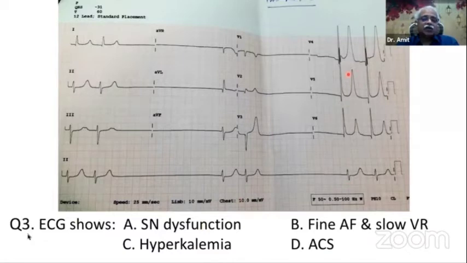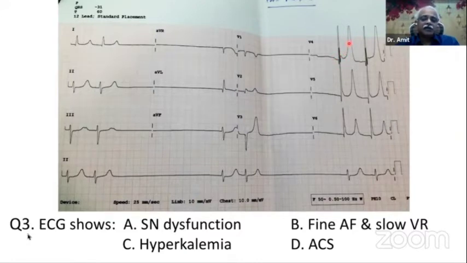But yes, I wanted to talk about the tall T waves. The T waves are tall. They are really very, very tall. Now, how do you differentiate between a tall T wave because of acute ischemia and a tall T wave of hyperkalemia? I think this is the crux of ECG identification.